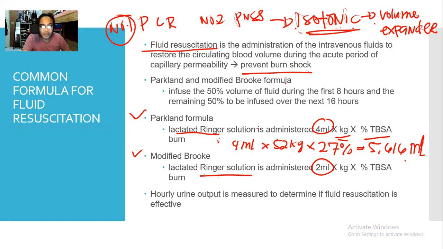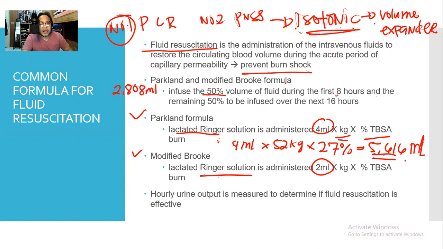How are you going to divide that one? Remember this one. Infuse 50% of volume during the first 8 hours. O sige. So, you have there 5,616. Now, during the first 8 hours, okay, you're going to get the 50% of this one, divided by 2. So, you have there the half of that one, 2,808 ml.